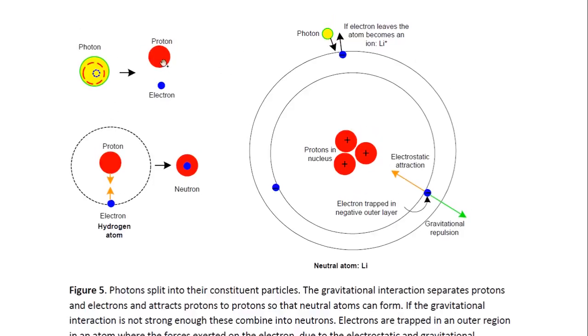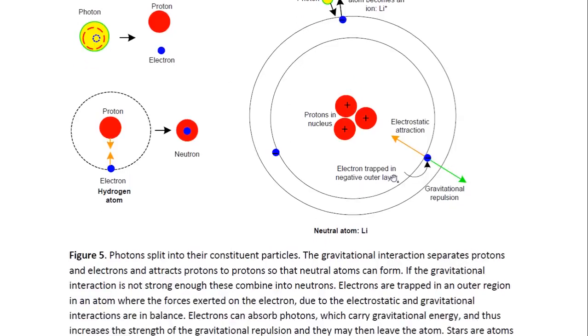And in fact, we know there are so many atoms because we have the periodic table. And so all of these nuclei that we see in the periodic table will be able to form due to the interaction between protons.